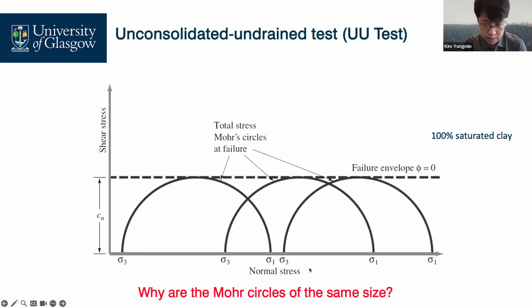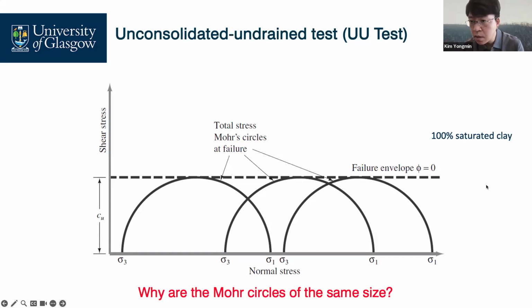In the UU test, we are supposed to have circle 1 for your group, circle 2 for your friend's group, circle 3 for another friend's group. You can collect all together, combine together, and draw these Mohr circle combinations. Each group has one undrained shear strength.